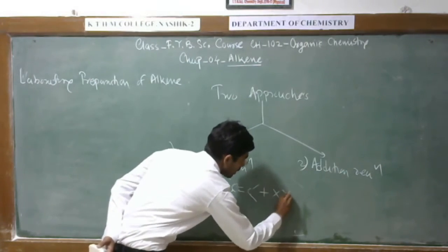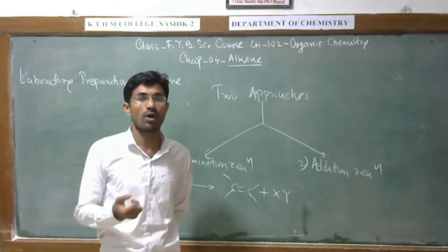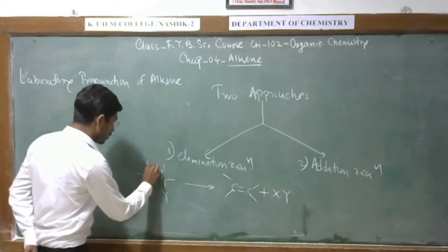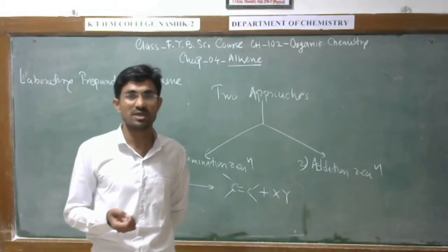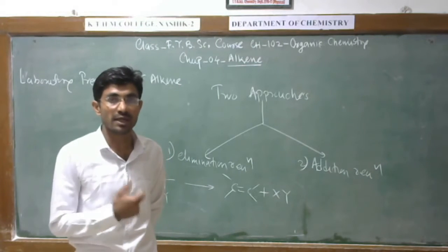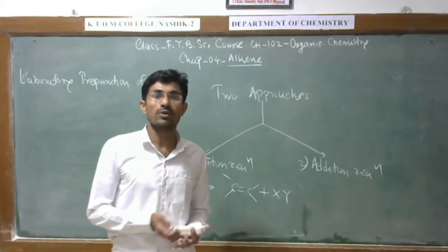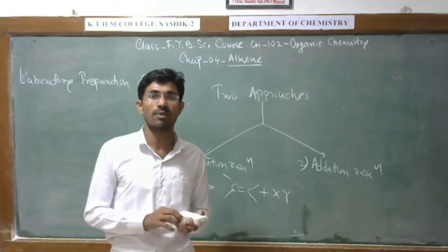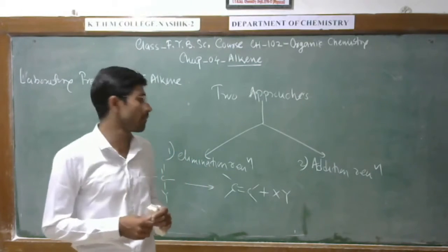This kind of elimination reaction is called 1,2-elimination reaction. 1,2 means group 1 and group 2 are eliminated. So with the help of this elimination reaction, we can prepare the alkene compound. In elimination reaction, a carbon-carbon single bond is converted into a carbon-carbon double bond. So this is the first approach we can use to prepare the alkene compound.